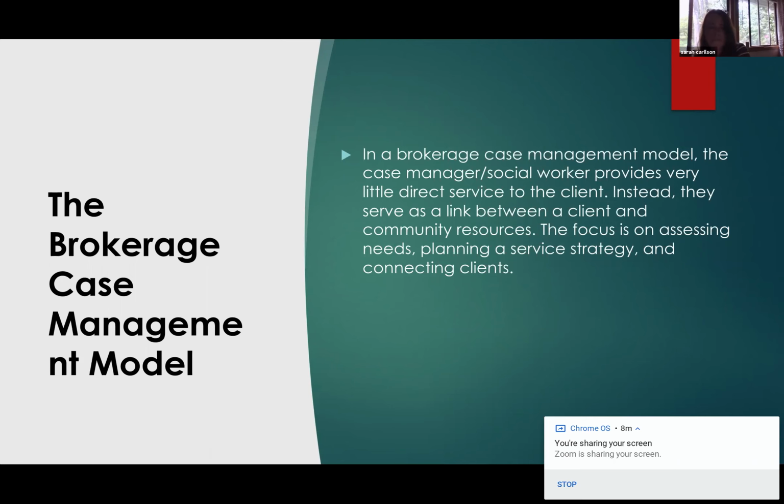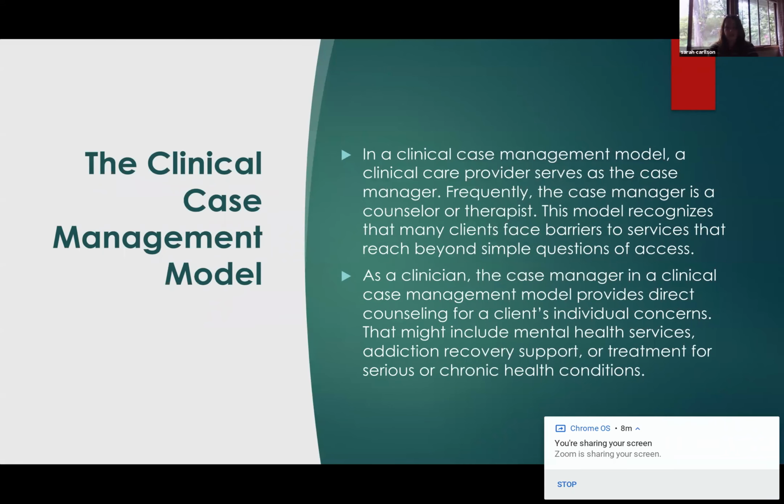In the clinical case management model, this is where the therapy piece comes in. In a clinical case management model, a clinical care provider serves as the case manager. Frequently, we are counselors or therapists, and the model recognizes that many clients face barriers to service that reach beyond simple questions of access. So this is when we're actually teaching skills. Rather than guiding and connecting folks with resources, we're actually helping them engage in those resources.